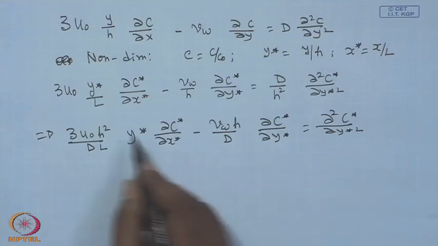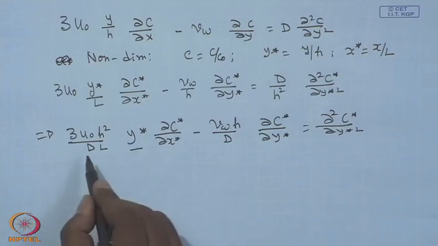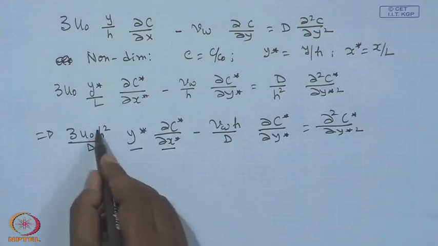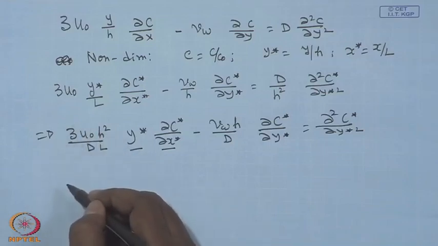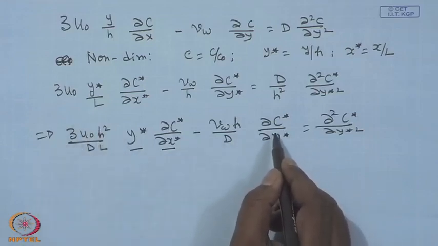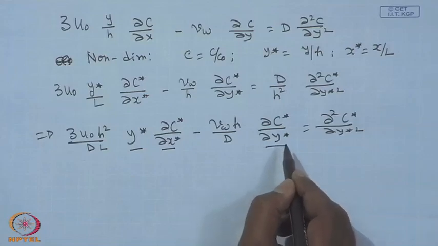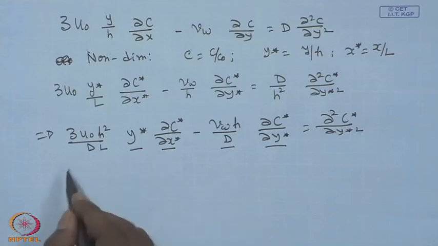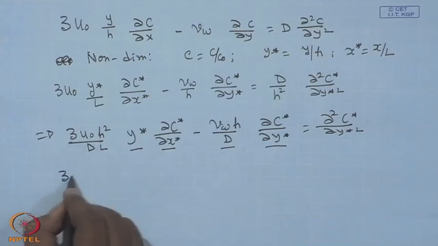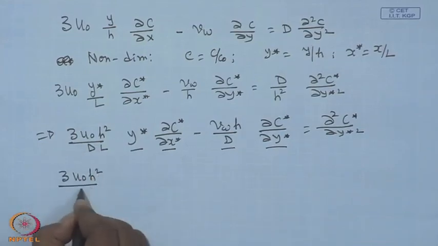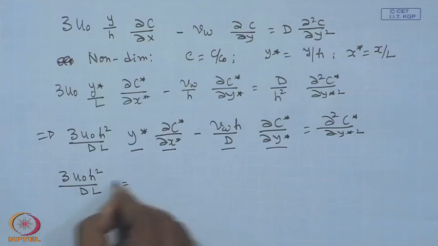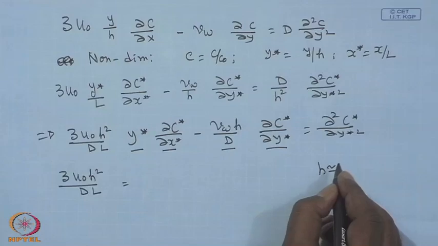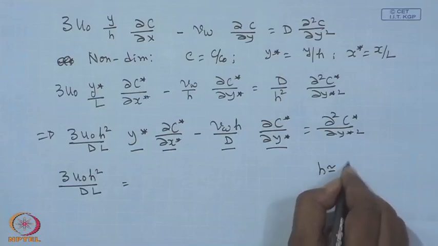If you look into the first term, this term is a product of 3 quantities. The second one is non-dimensional, the third one is non-dimensional, that means the other one has to be a non-dimensional term. Similarly, the second term on the left hand side is entirely non-dimensional, that means this has to be a non-dimensional quantity as well. So, look into the 3 u 0 h square by D L. You just express h, the half height, in terms of equivalent diameter.